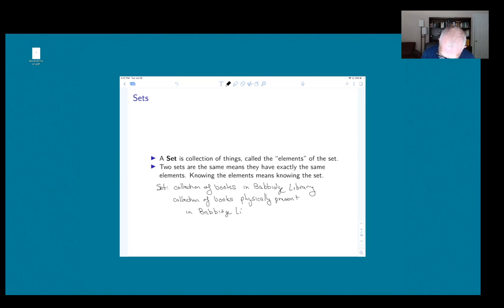But even that's not completely specific because, of course, that changes. People bring books in and out. So let's make it as precise as we possibly can by saying right now. And now we have a well-defined collection of books.